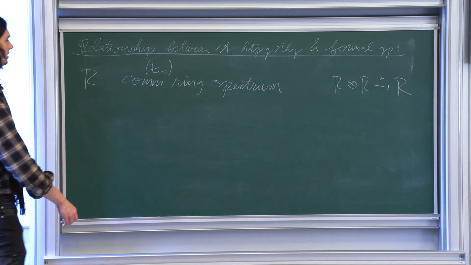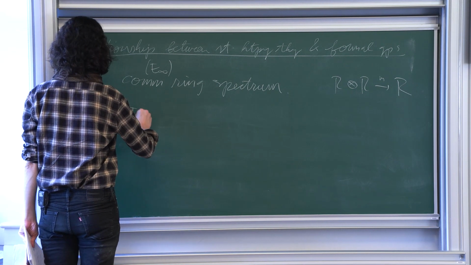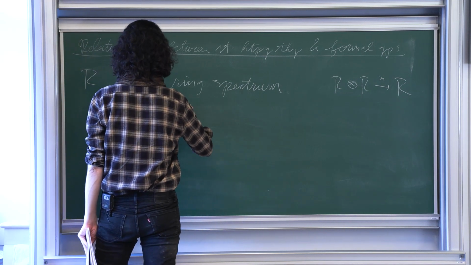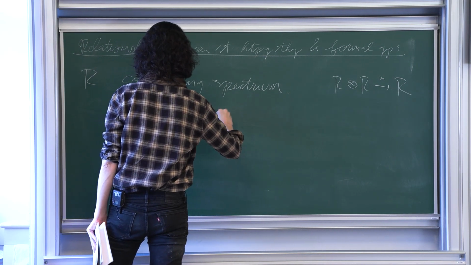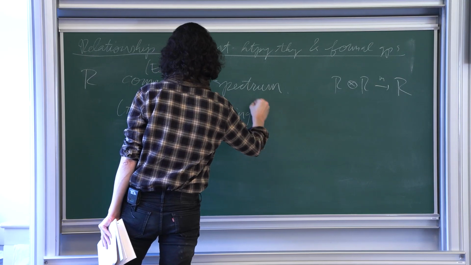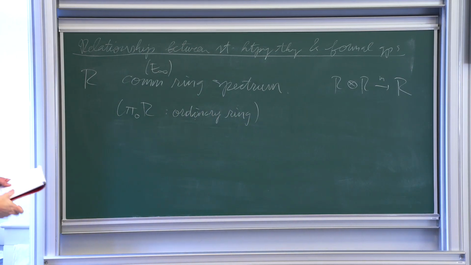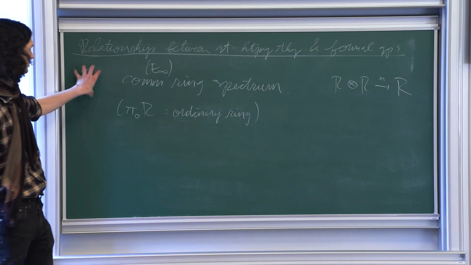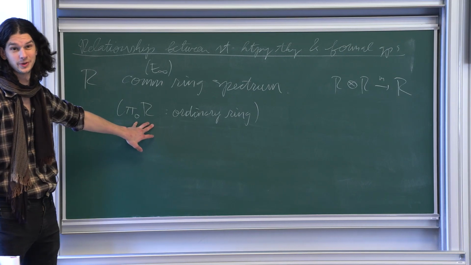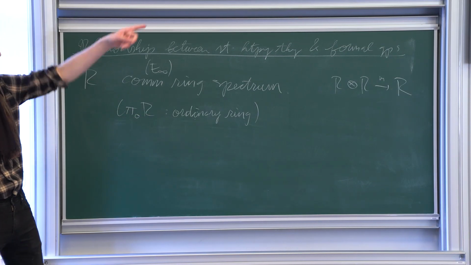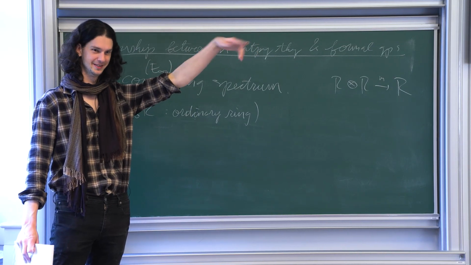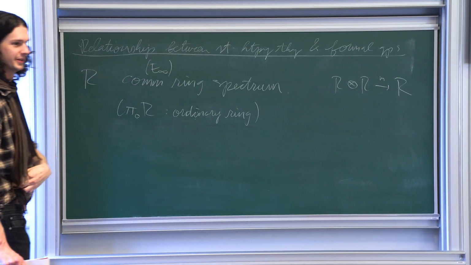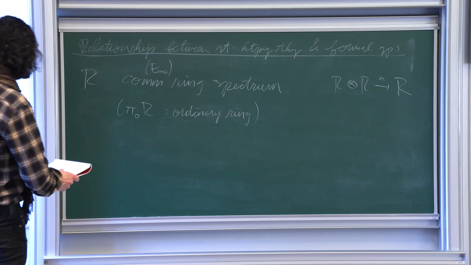So for example, pi 0 of R will be an ordinary commutative ring. You can think of this as a way of providing extra structure on an ordinary commutative ring, and now we'll relate it to the extra structure discussed previously, namely putting a formal group on an ordinary commutative ring.